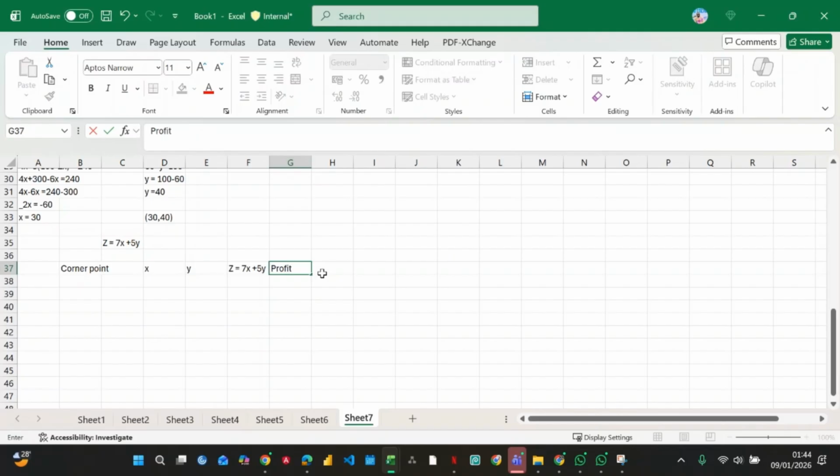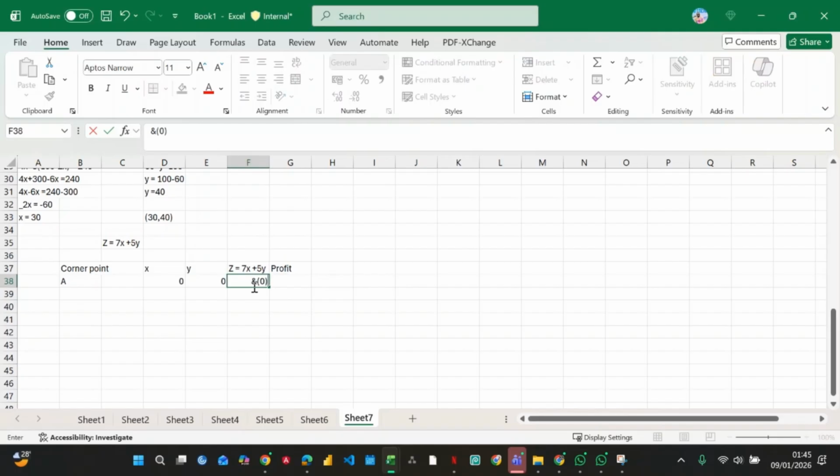We have the objective function, which is this, and then we have the profit, something like this. So now the corner point, the first one is 0. Here we're going to have, let us say, point A. Then x here is going to be 0, and y here is going to be 0.